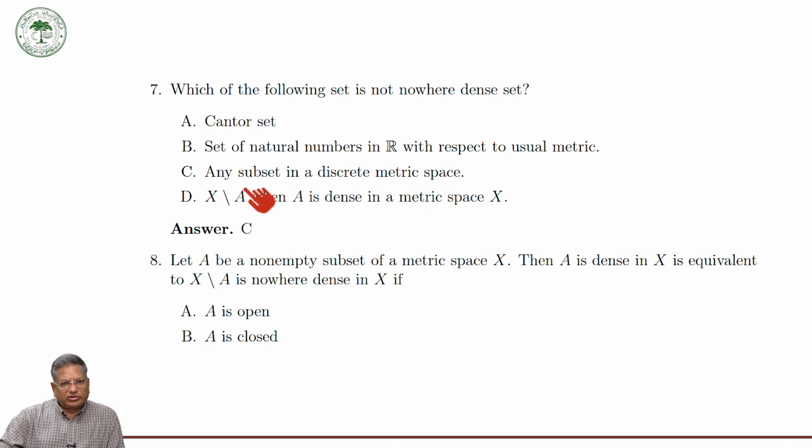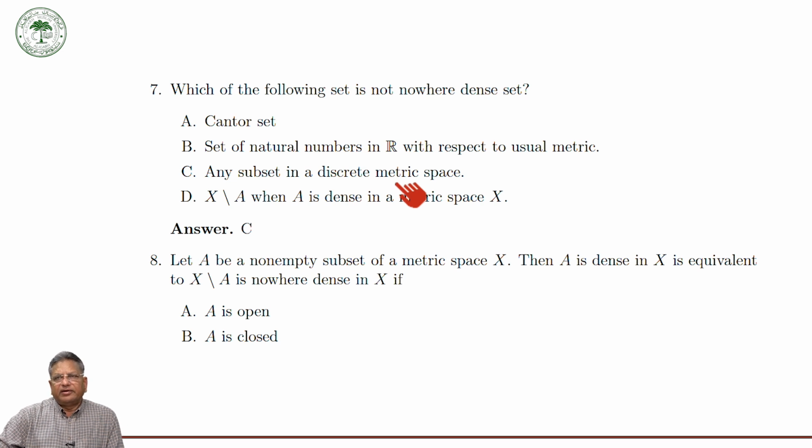So which of the following sets is not nowhere dense set? Any subset in a discrete metric space is not a nowhere dense subset.